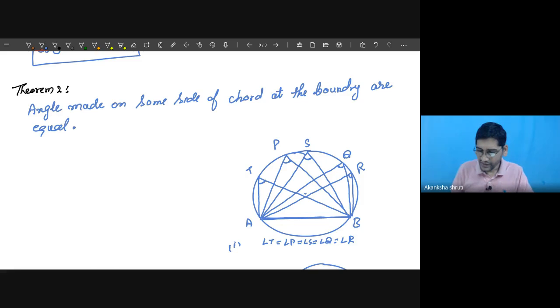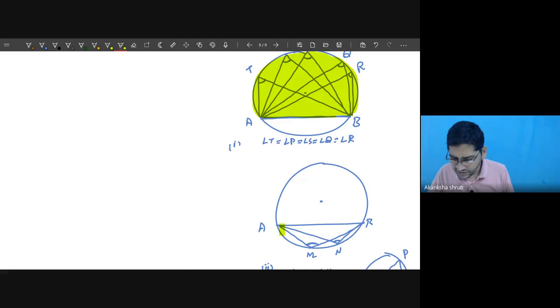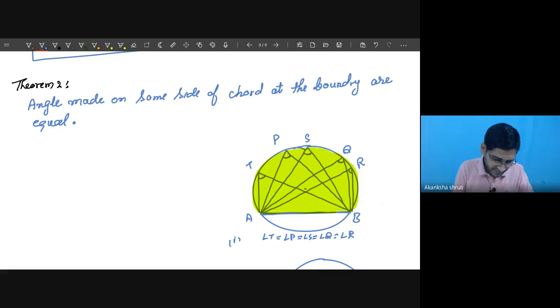It's so simple. You are free to choose the major sector. All the angles made by the chord in the major sector, for a specific chord, are equal. Or you are also free to choose the angles made by this chord in the minor sector. You have to choose only one kind. That is the same thing.